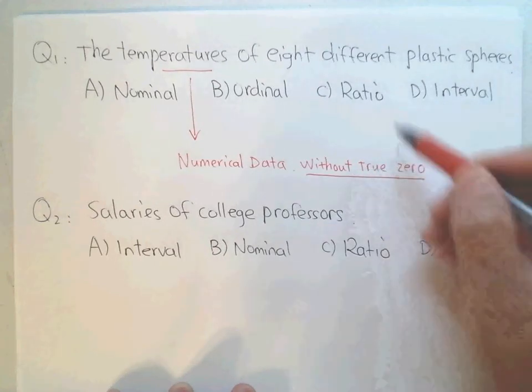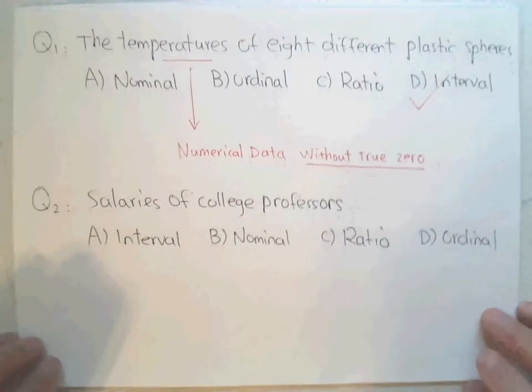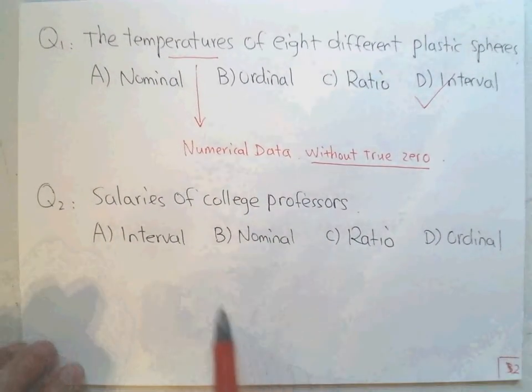If with a true zero it is ratio, so this time it is an interval.